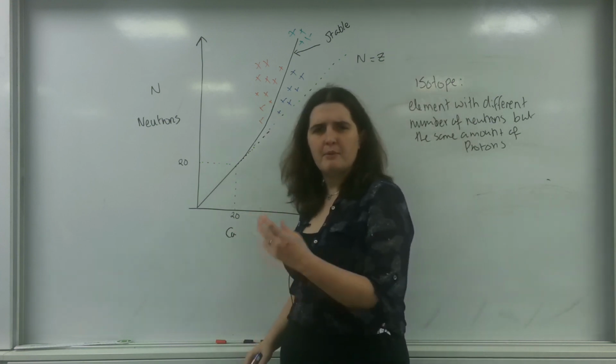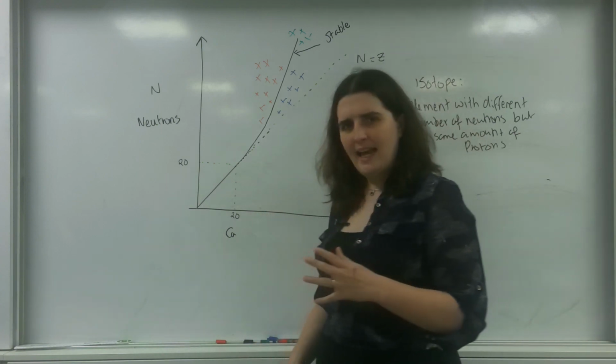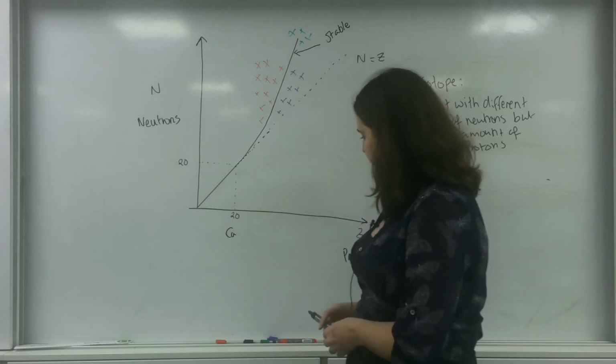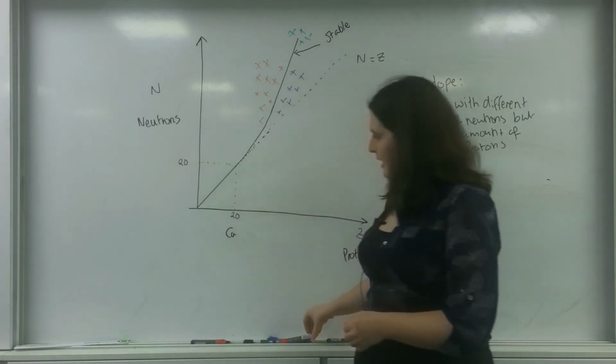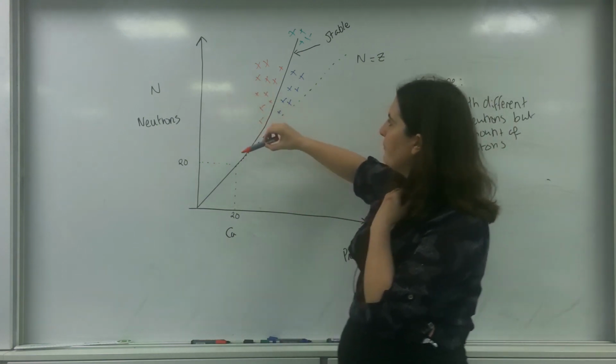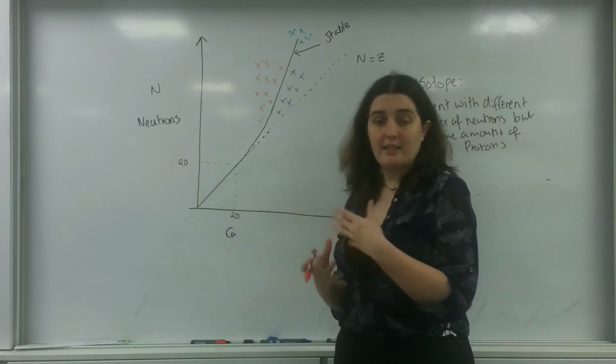You start ending up with elements with more neutrons than protons. And this is when decay can start to happen, because you've got this imbalance. As the element changes, the amount of neutrons gets bigger, and we start having a tendency for atoms to decay.